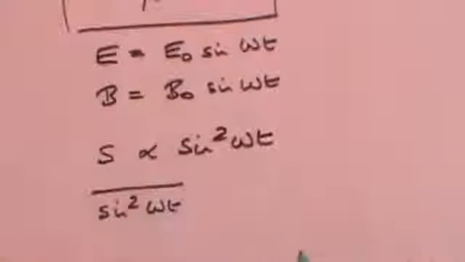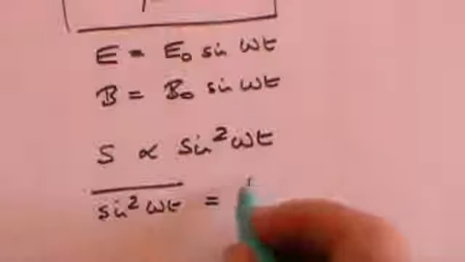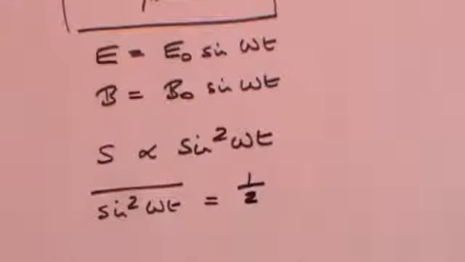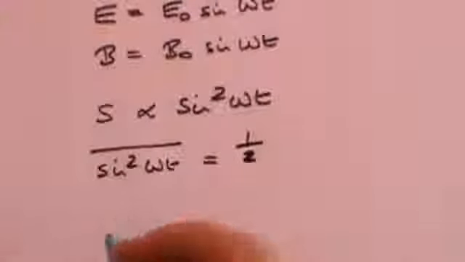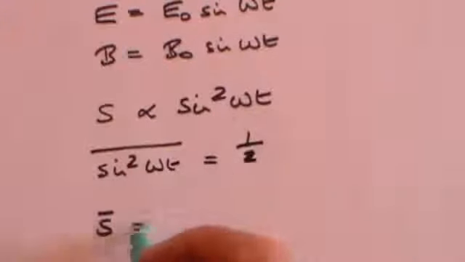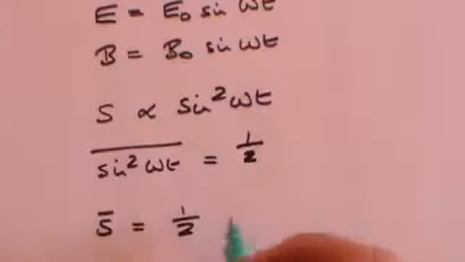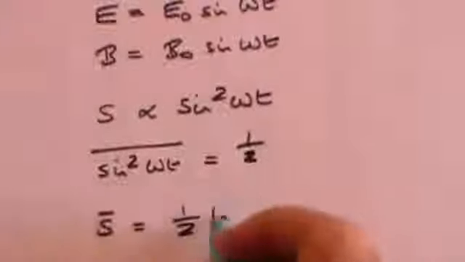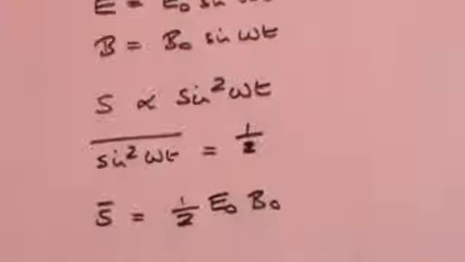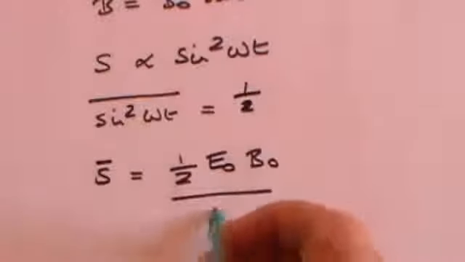Well, the average value of a sine squared term is 1/2 over a complete cycle, or number of cycles. Consequently, we can say that the average value of the Poynting vector now will be 1/2, which is the sine squared term, times now the maximum value of E and the maximum value of B, divided by mu 0.